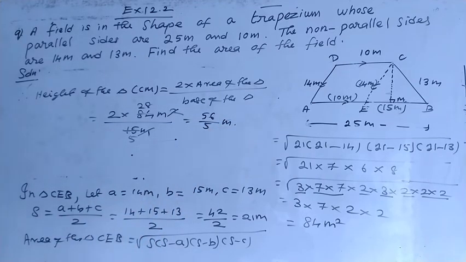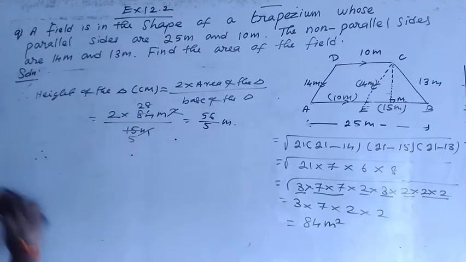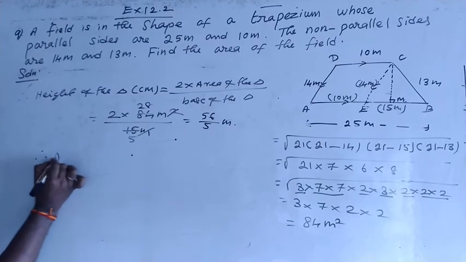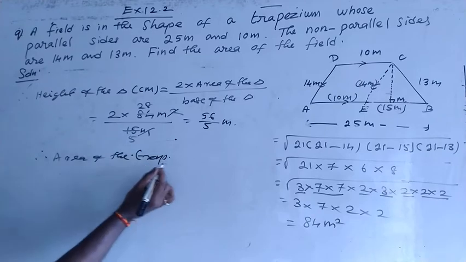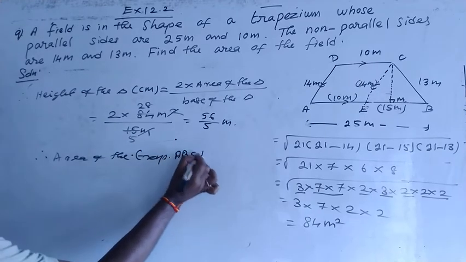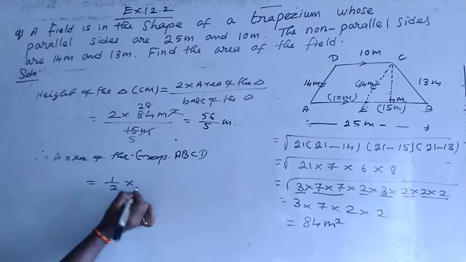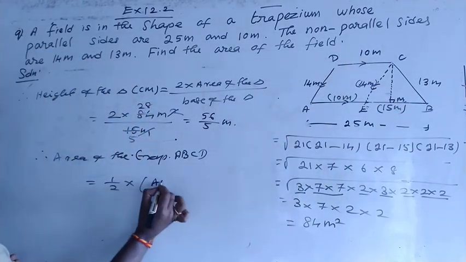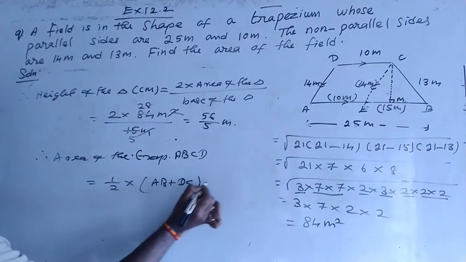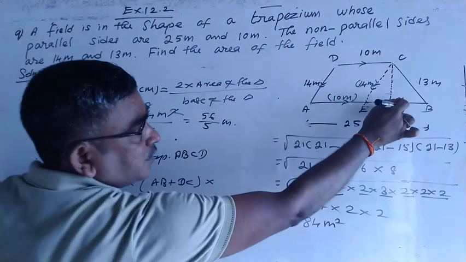Then you can find the area of the trapezium. Okay. Therefore, area of the trapezium ABCD is equal to half into sum of the parallel sides, actually AB plus DC, into the distance between the two parallel sides.